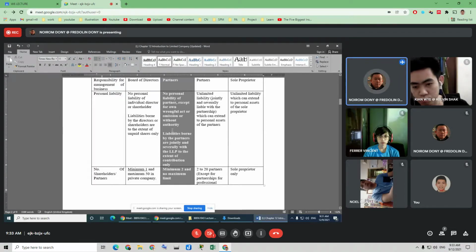Normally in an LLP, limited liability partnership, there is one partner with unlimited liability. So in case the partnership fails, this one partner will be responsible for all the debts. Normally this unlimited liability partner will be the person who manages the partnership.